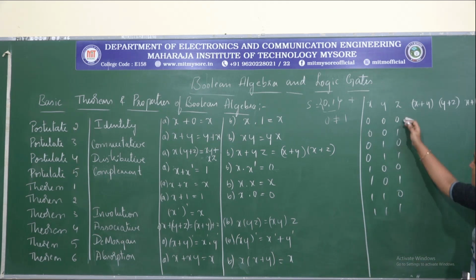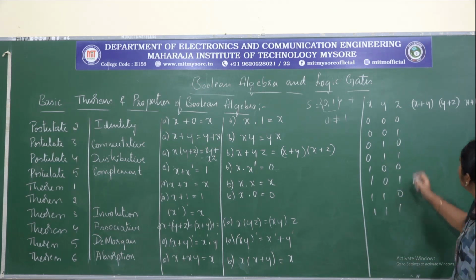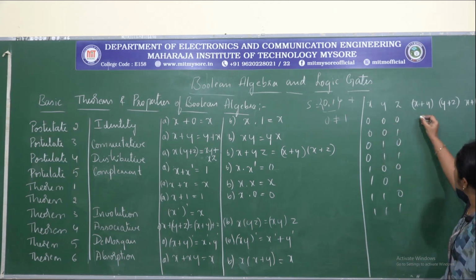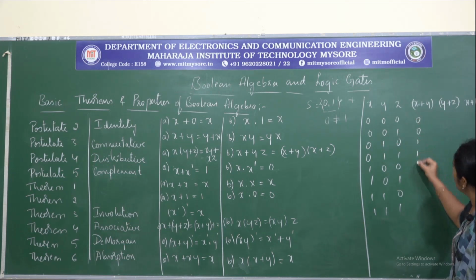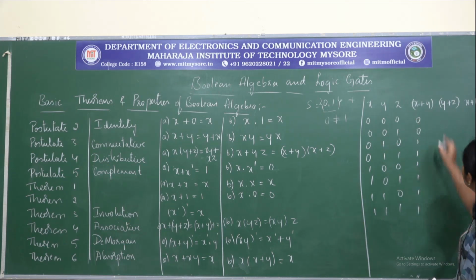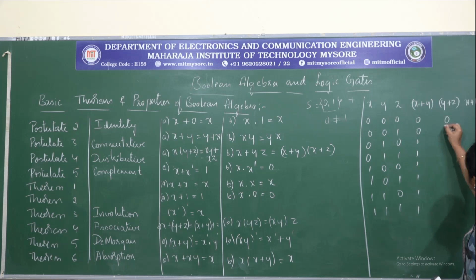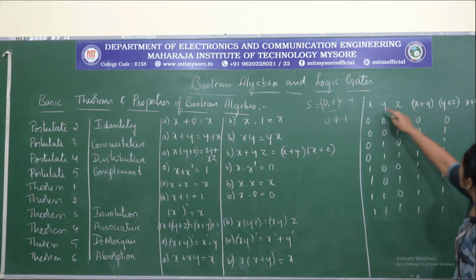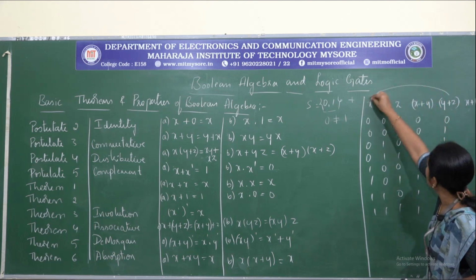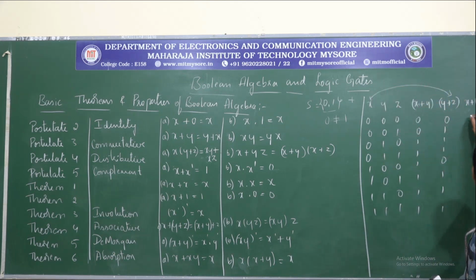The possible combinations are 0 0 0 up to 1 1 1. Now x or y is 0 0 1 1 1 1 1 1. y or z is 0 1 1 1 0 1 1 1. Now x plus yz, x or yz, the first column entry is 0 1 1 1.